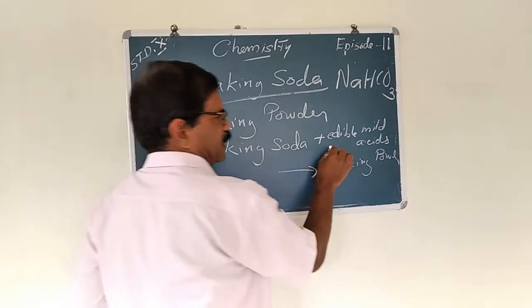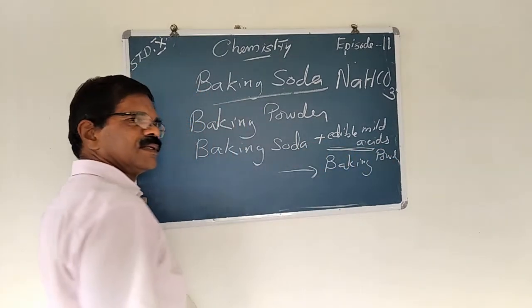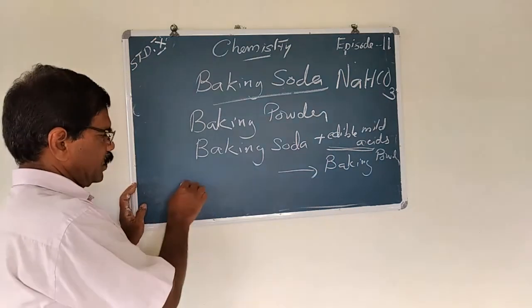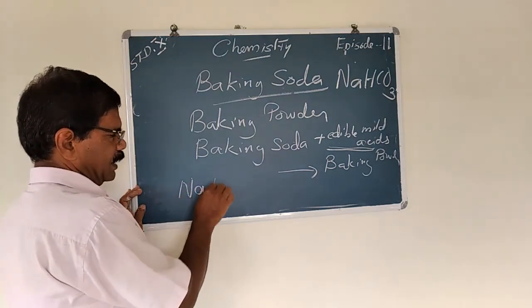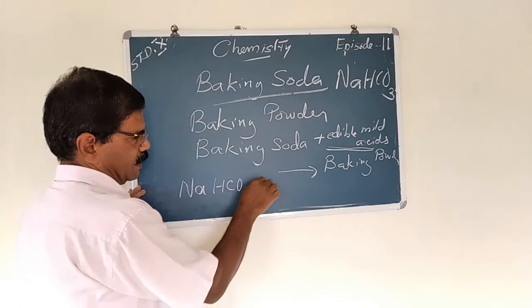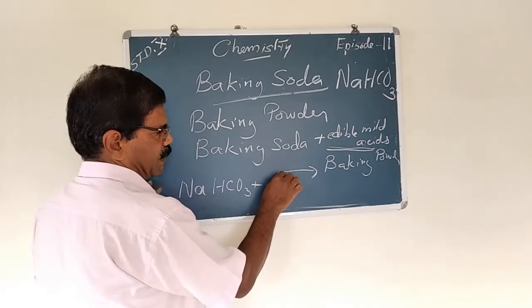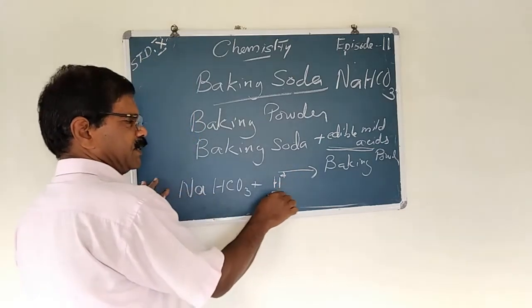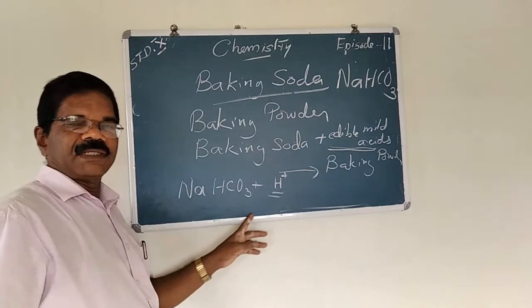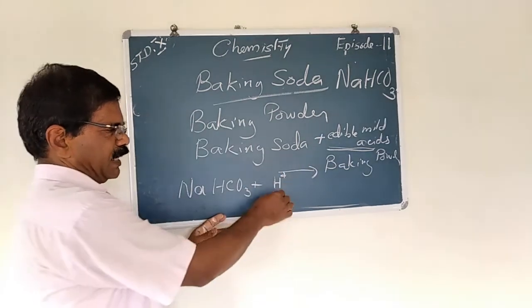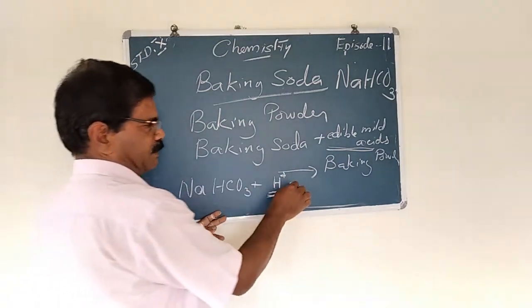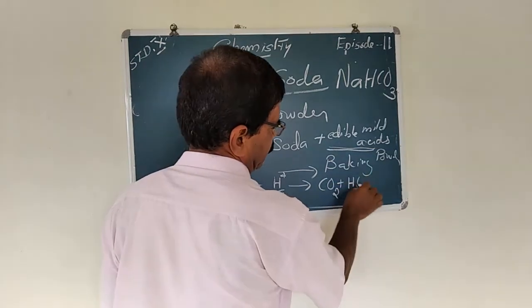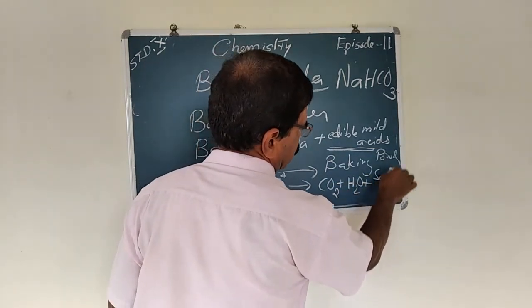The function of the edible mild acid is to give H plus ions. So, on heating, NaHCO3 plus H positive ions produces CO2 plus H2O plus sodium salt of the acid.